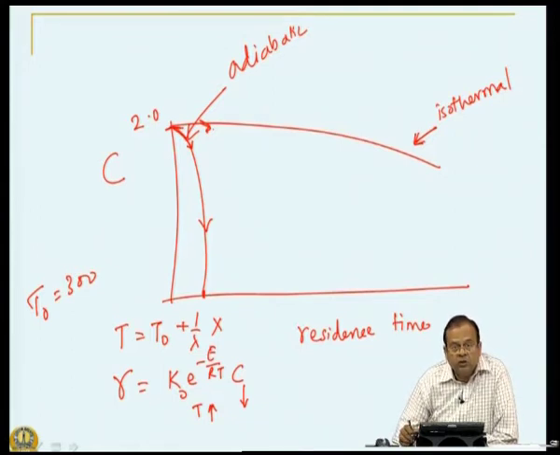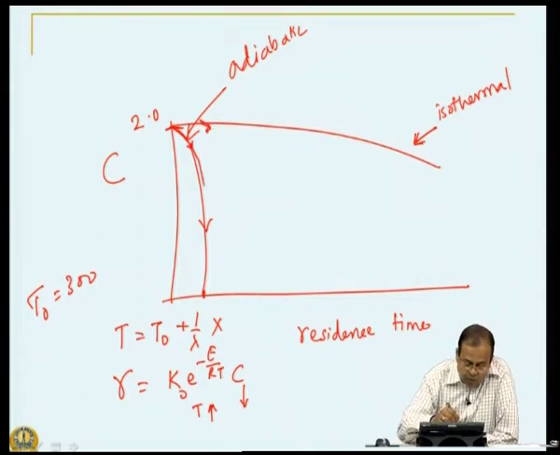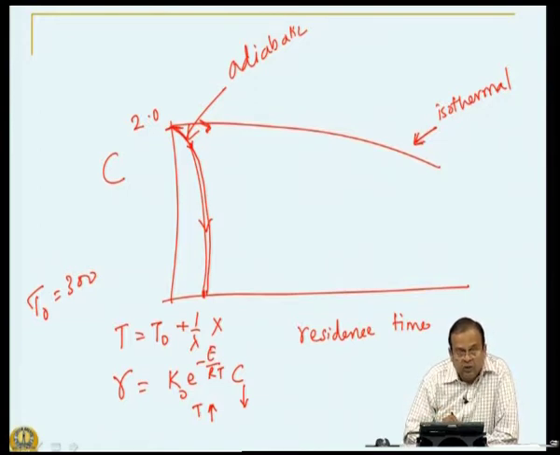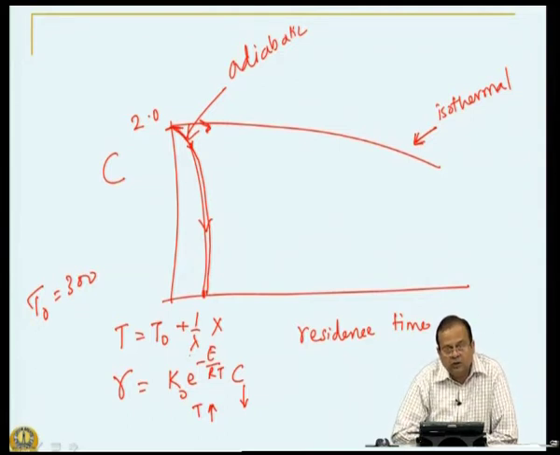How rapid is this temperature effect? If you look at the behavior over here, the slope is almost infinity. Why is that? Because the rate is highly sensitive to temperature increases. Remember, we talked about it in our first or second class, that even a 10-degree temperature increase can almost double the rate of reaction.